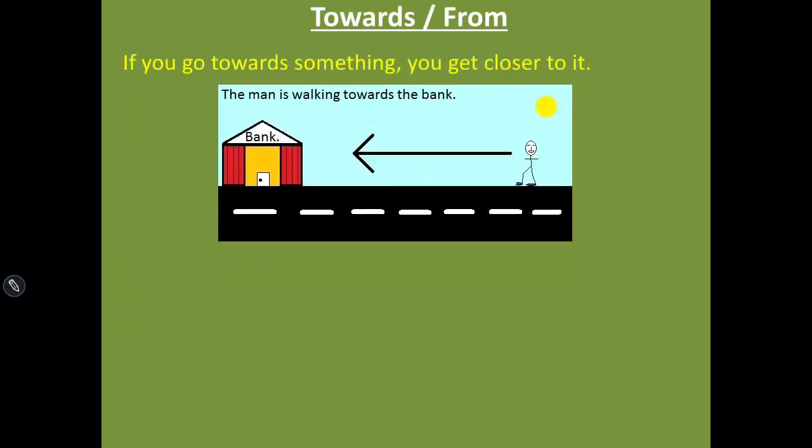Next is towards and away from. If you go towards something, you get closer to it, just as you see in the picture. Here is a man who is going towards the bank. The direction of the arrow shows that the man is going towards the bank and he is coming closer to it.